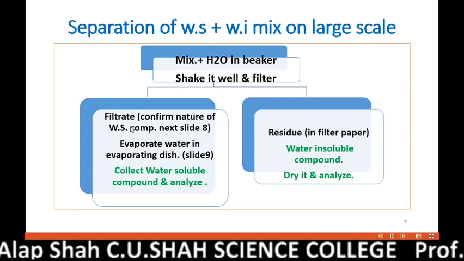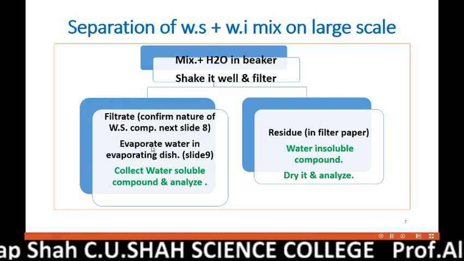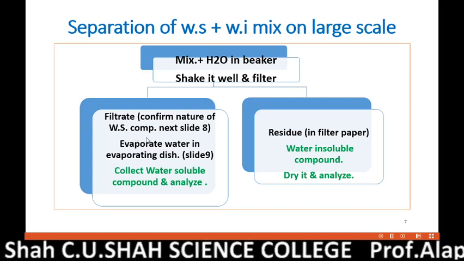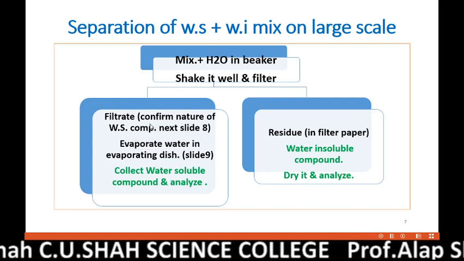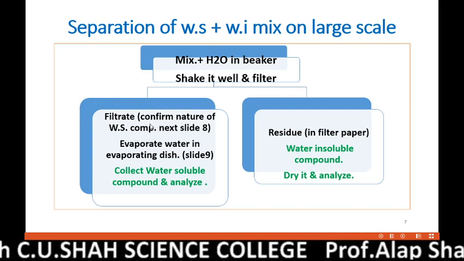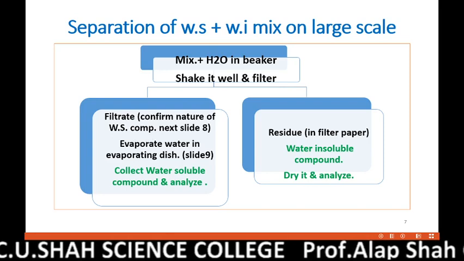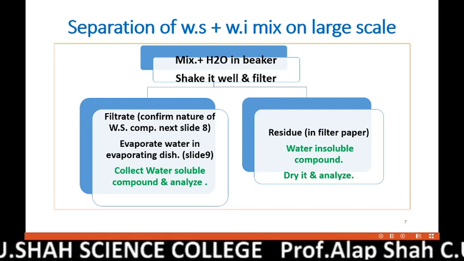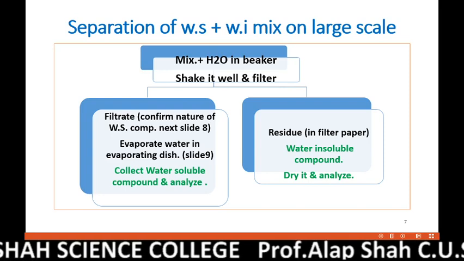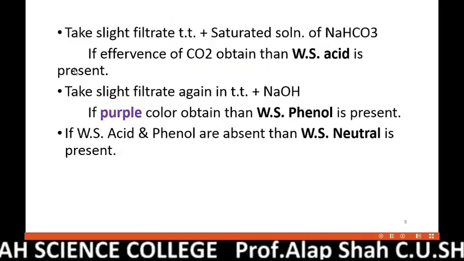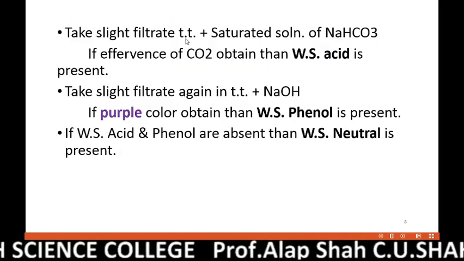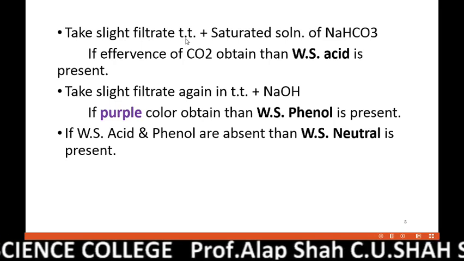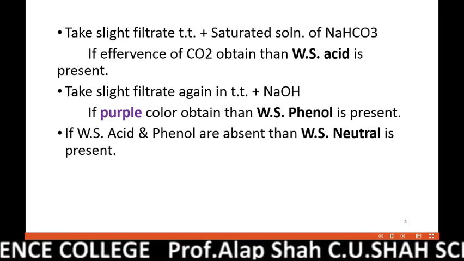Now, before you evaporate the water to get the water soluble compound, you have to determine the nature of the water soluble compound. So what will you do? That is given in the next slide. Take a slight filtrate in a test tube and add saturated solution of sodium bicarbonate.